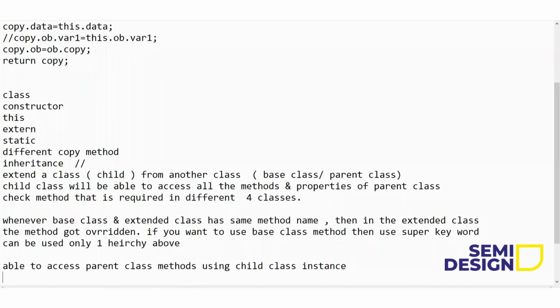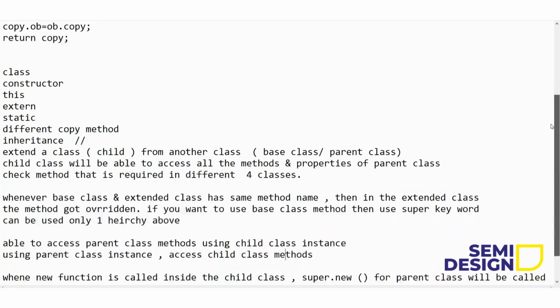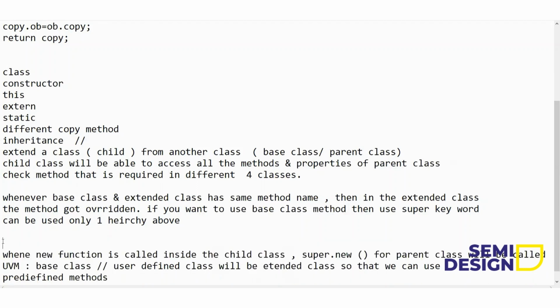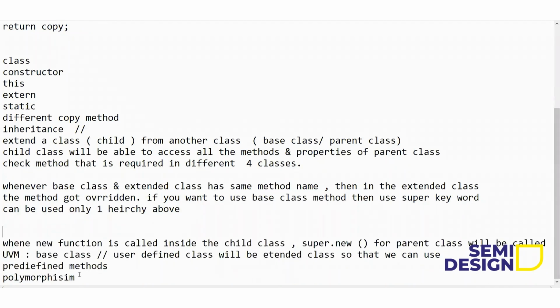Now I want the opposite: using a parent class instance, call or access child class methods. Normally, as we see here, we are able to access the parent class methods using the child class object. Now I want to do the opposite.